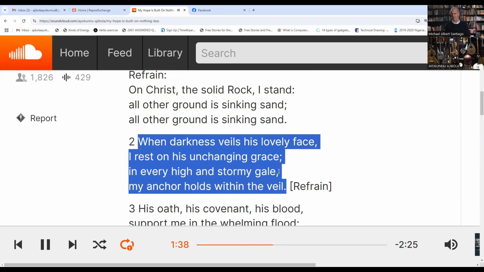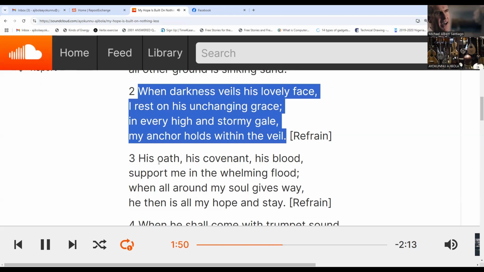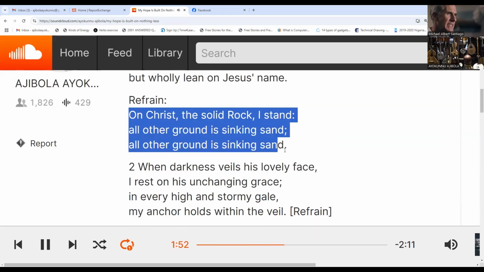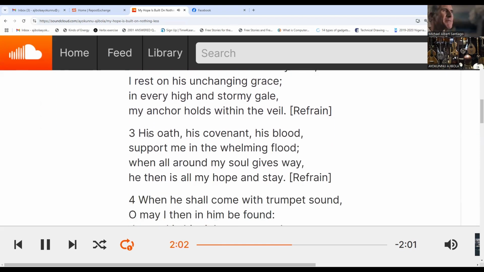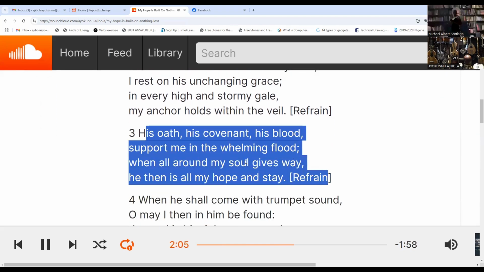His oath, his covenant, his blood, support me in the whelming flood.